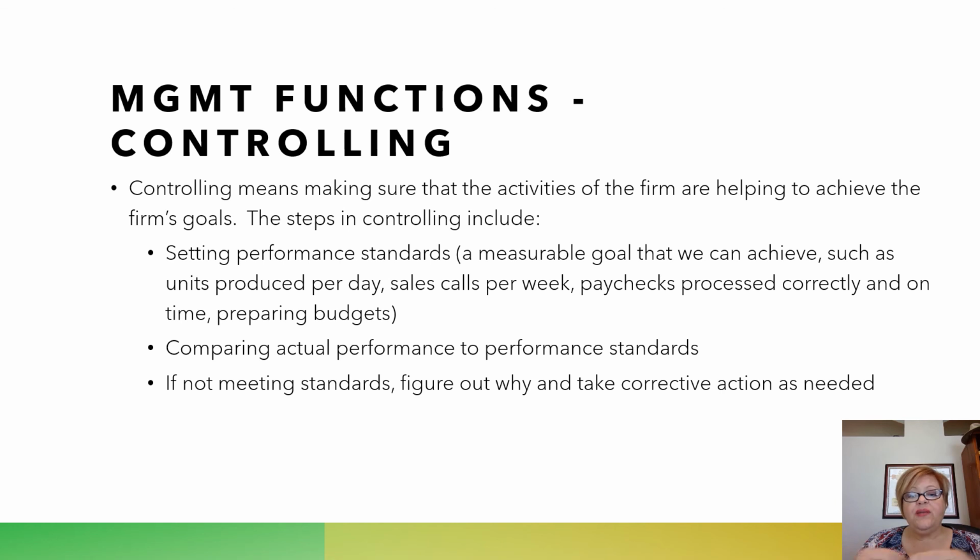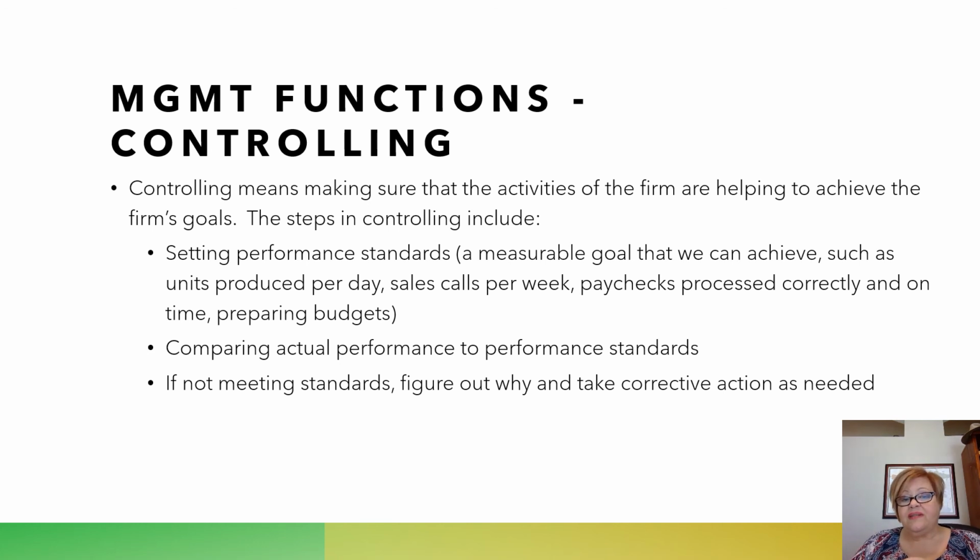So we set a performance standard, and then the next thing we do is we say, okay, are we achieving that standard? Compare our actual performance to the standard. So this department was given a budget of $10,000 and they spent $20,000. So they did not achieve the standard. The standard was spend $10,000, they spent $20,000.